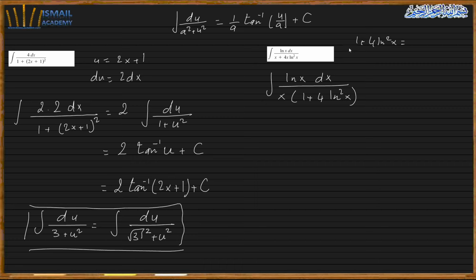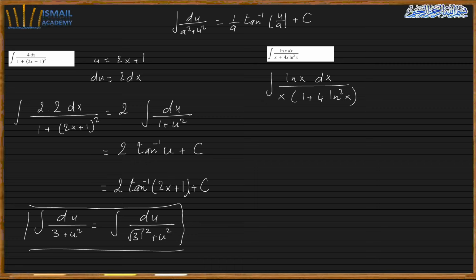The 1 is gone, so it's 0, so it's going to be 8, and the derivative of ln is 1 over x, and ln x, so it's going to be 8 ln x over x. So I have ln x over x, so then this will be my u. I don't have the 8, but the 8 is there, so I don't need to look for the 8 because I already have it.